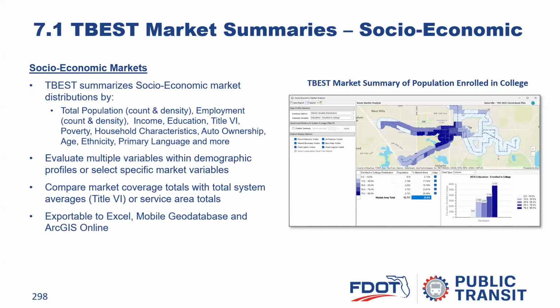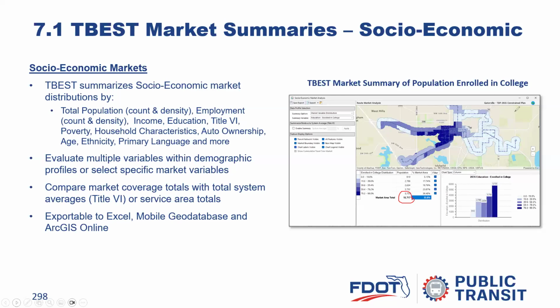You can compare market coverage totals with the total of the system or the service area totals. This is pretty handy for providing context, right? You might have a market area that has 50,000 people, and that's fine, that's the market for it, but you may want to know the percent of the service area that's in your market. Just looking at this market summary of population enrolled in college, you have 15,000 here.